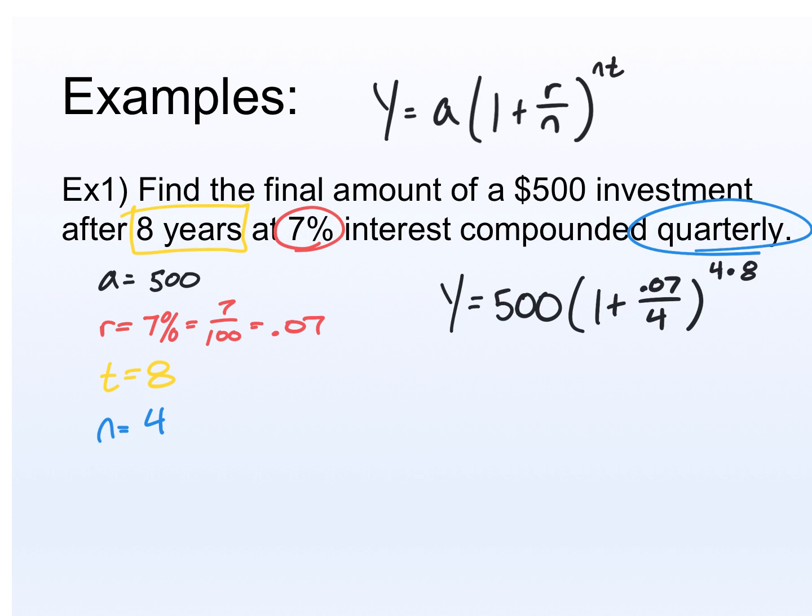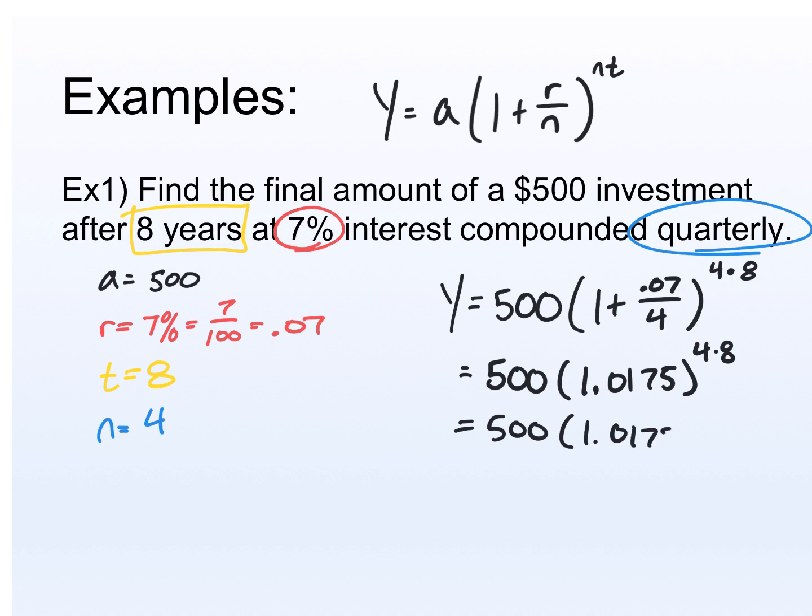Okay, so just to show you, I'll sketch it down here so you can reference this. So now I've got 500 times 1.0175 to the 4 times 8 power, right? Well, then I need to do 4 times 8. So what is 4 times 8? 32. Y'all seeing how I'm getting all this?